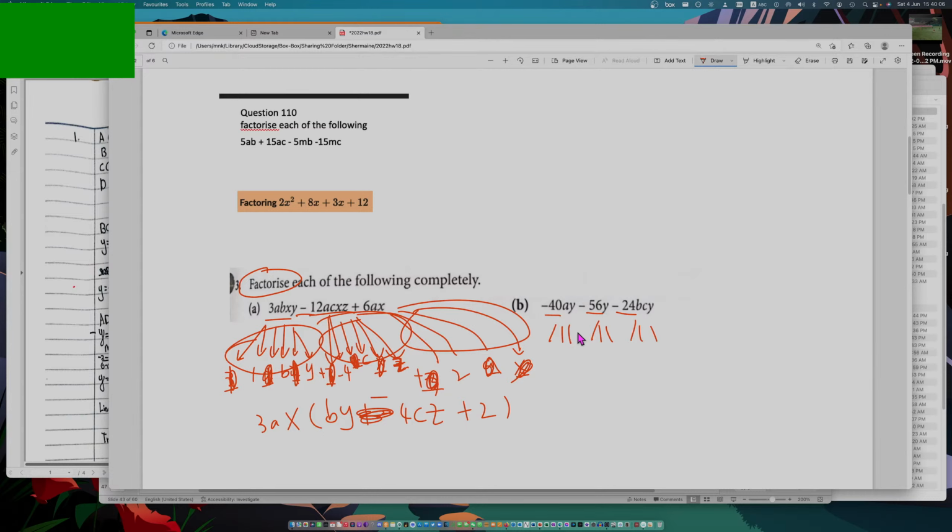So what's the highest? 6? What's the first you did? 2. 2. How do you do it? How do you find 6? Show me how you get 6. Use your brain.